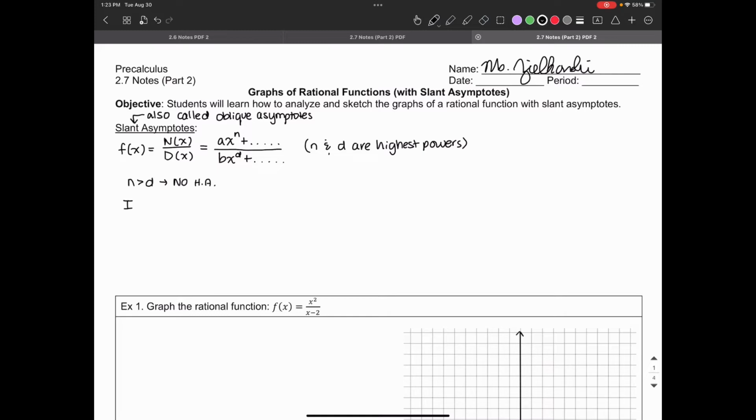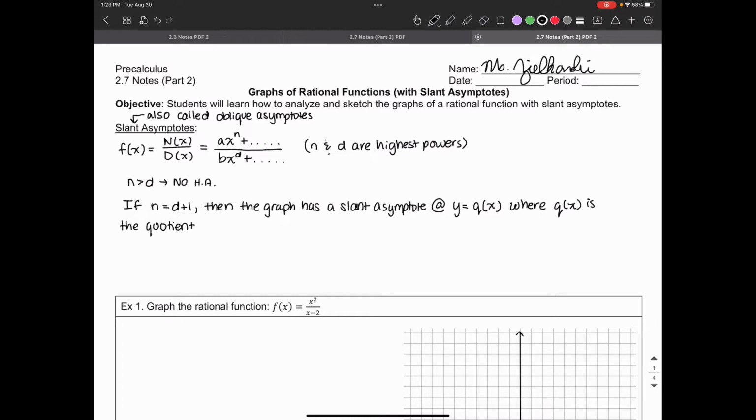So if n is equal to d plus 1, then the graph will have a slant or oblique asymptote at y equals q of x, where q of x is the quotient from the division of the actual fraction that we have.